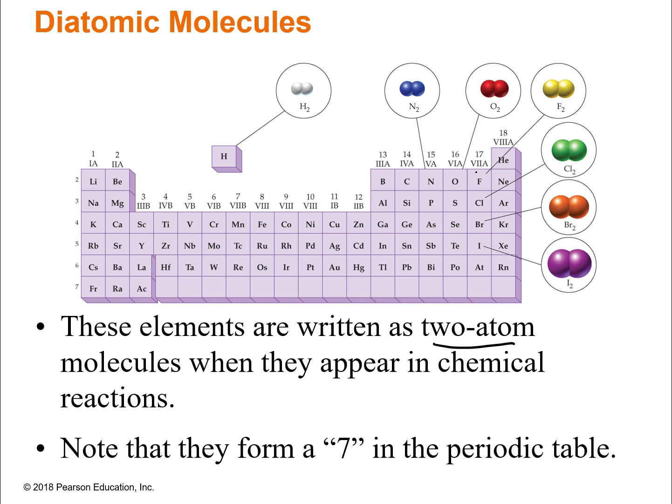You'll need that when you're writing down, say, a written description that uses fluorine gas. You'll need to write that as F2. So there's hydrogen, but then the rest of them form a 7 in the periodic table. So all of these are diatomic molecules.